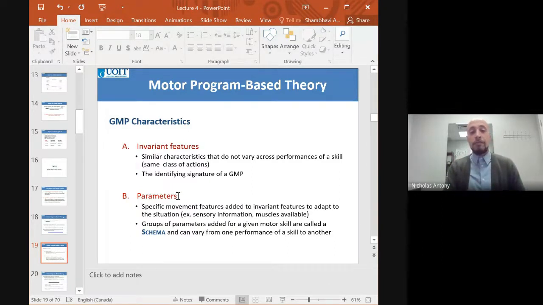And then the environment or the real-time variables that you would have to adjust your motor program for that time would be the parameters. Parameters are being added to the program to complete that skill in real time. So they didn't know. That was the question. Is picking up a glass the same as a mug? Because the hand's a little bit different.